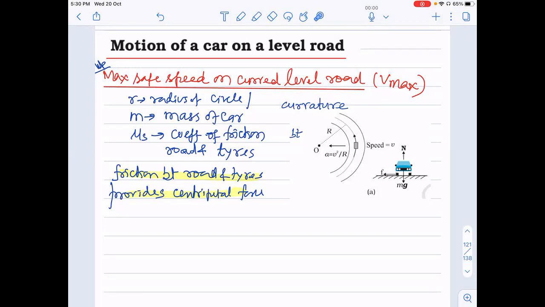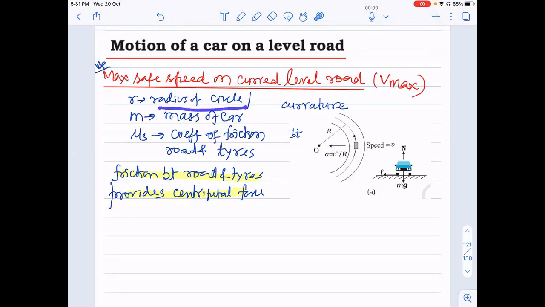The centripetal force required for circular motion is provided by friction. The vehicle tends to be thrown outward. The friction force will be inward. So that will provide the required centripetal force mv square by r.